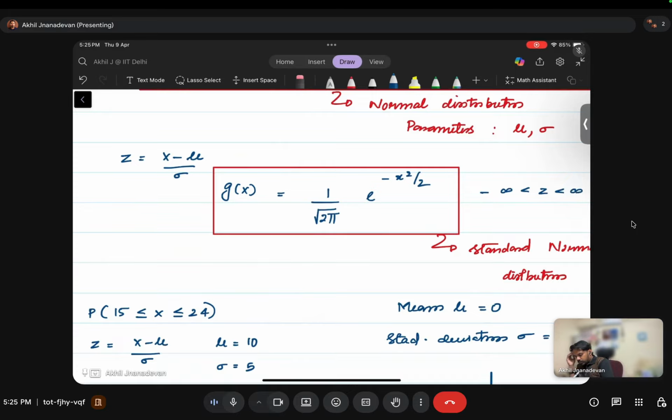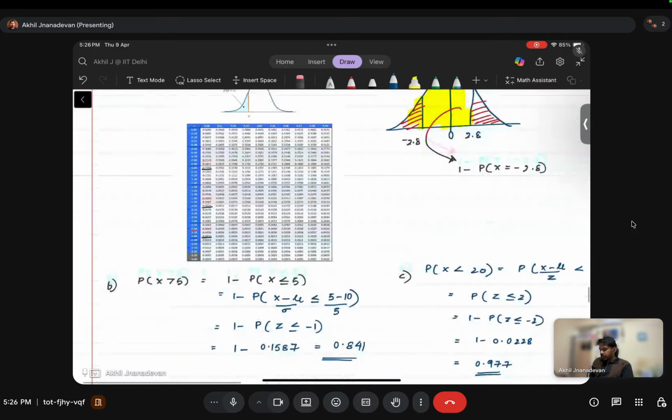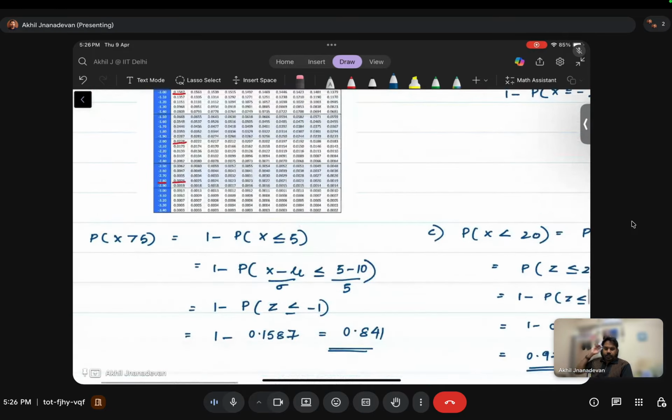So here, sorry, this will be z. So there is a correction. The variable we can write as the standard normal variable z, right? So here also we can write it as z. And from seeing these standard graphs, we can directly solve these questions.